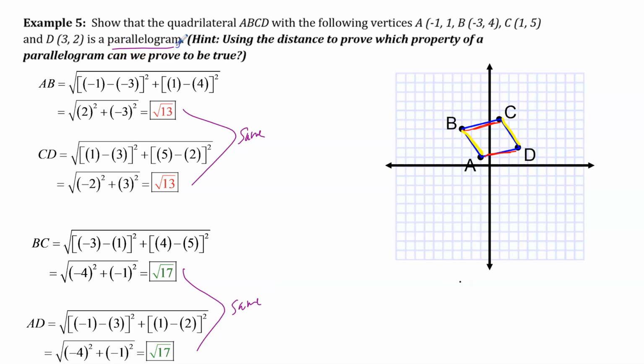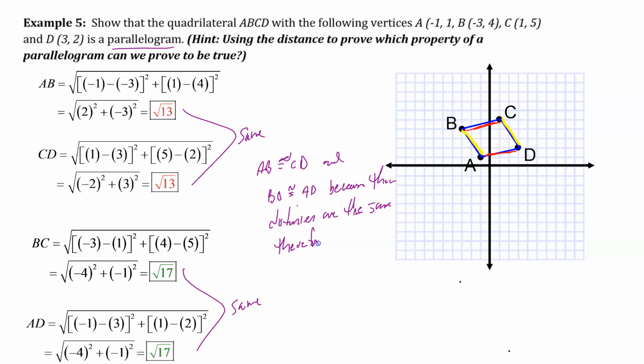So again, when you're doing these types of proofs, you always want to conclude with some type of a sentence or something that kind of sums up all of the work that you've done. So AB is congruent to CD, and BC is congruent to AD because their distances are the same.